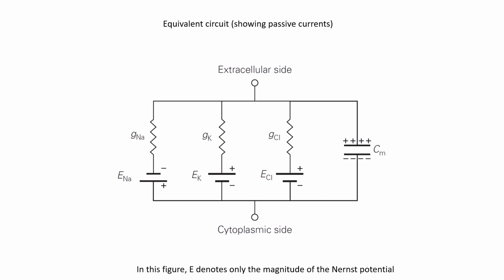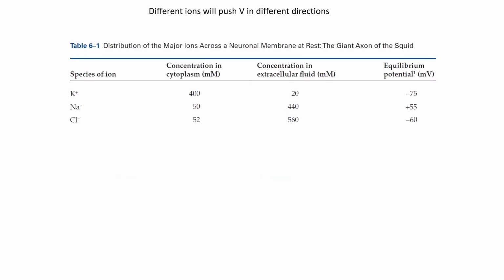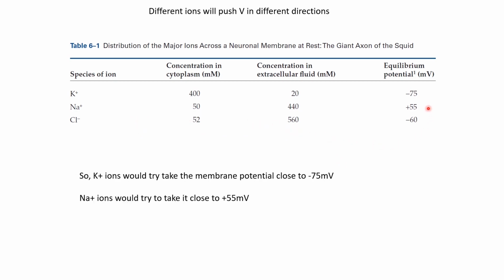So now we have all the important elements for understanding the membrane potential. We know that the potassium ions, whose equilibrium potential is -75, will try to take the membrane potential towards -75 millivolts. Similarly, sodium ions will try to push the membrane potential towards their equilibrium potential, plus 55 millivolts.